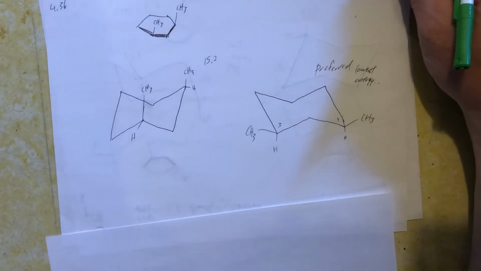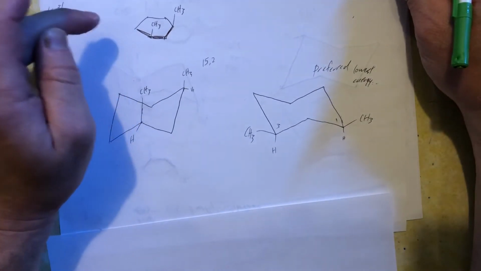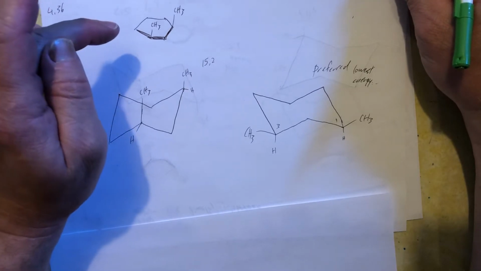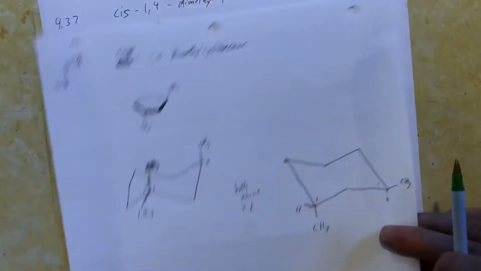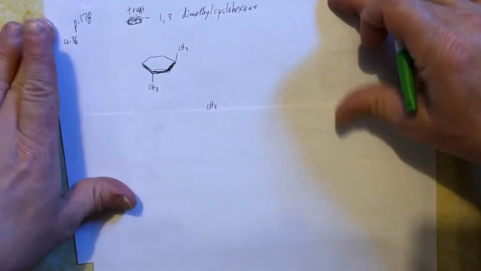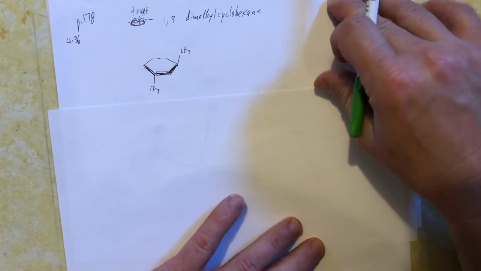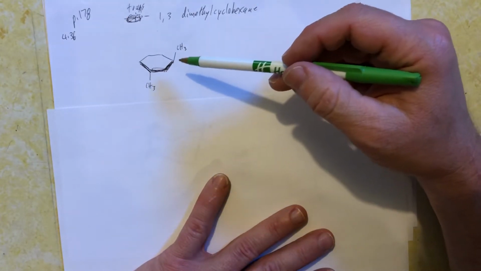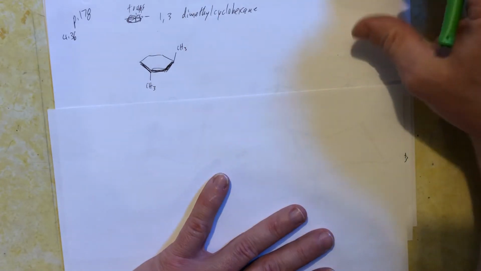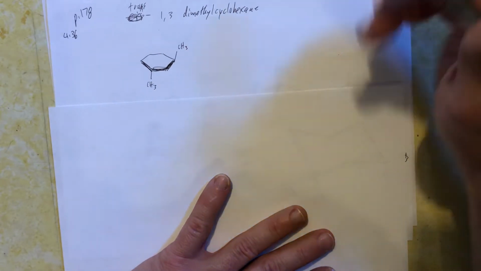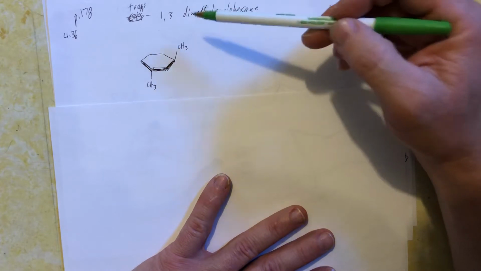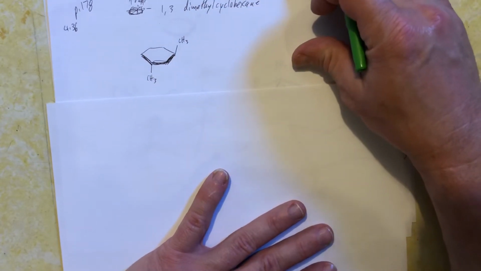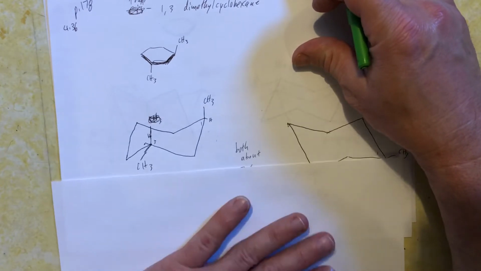Now, it's very important to realize you can't flip the cis stereoisomer and make it into trans. One of these would be highly preferred, probably, upon synthesis, and the other one would be highly excluded, for lack of a better word, when you're making it. So if you have your methyl groups in the 1 and 3 position, let's draw those two chair conformations.